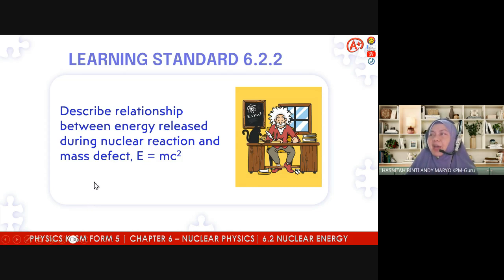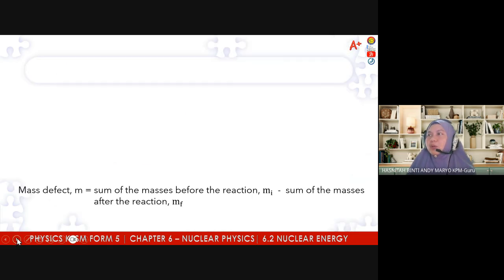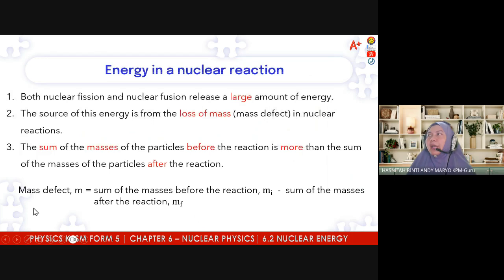So we can find it using the equation E equals mc squared. Now you understand both processes, fission and fusion, release a large amount of energy, and this source of energy is from the loss of mass, or the mass defect, during the nuclear reaction.